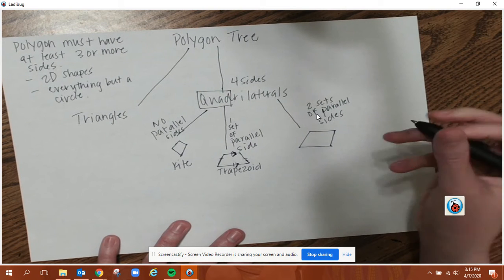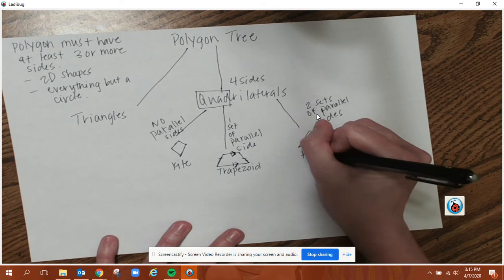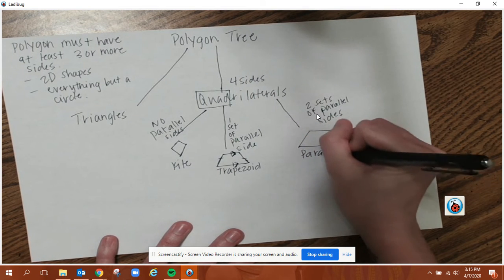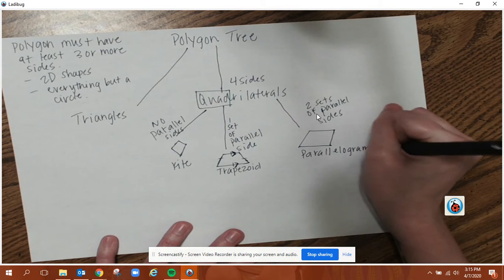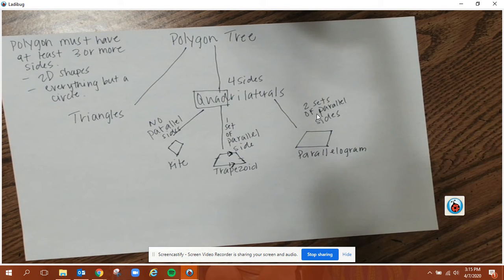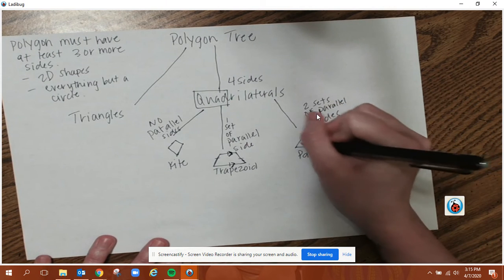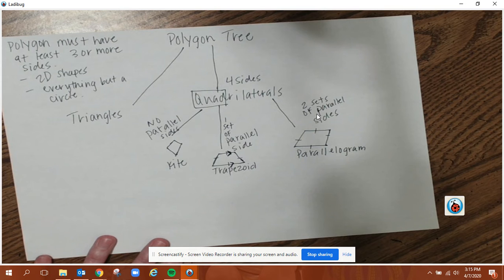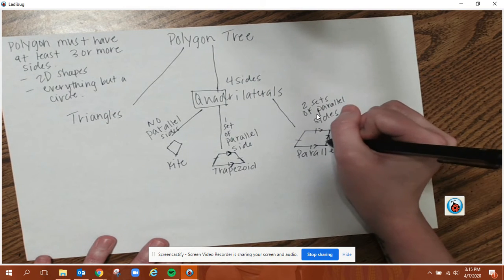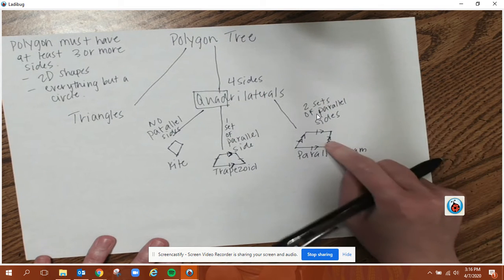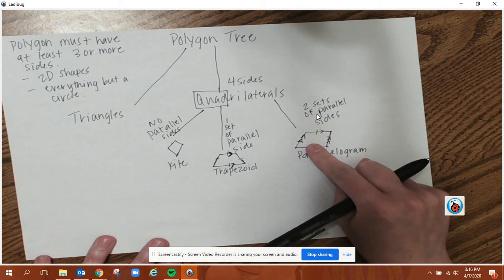Okay, and again, please don't judge my parallelogram. It is not perfect. And as we all know, I am not an artiste. Okay, just like a trapezoid, right? Our parallelogram has 4 sides. Okay, and it also has 2 sets of parallel lines. And if you remember, these arrows just tell us that this side and this side are parallel, and this side and this side are parallel. Okay?